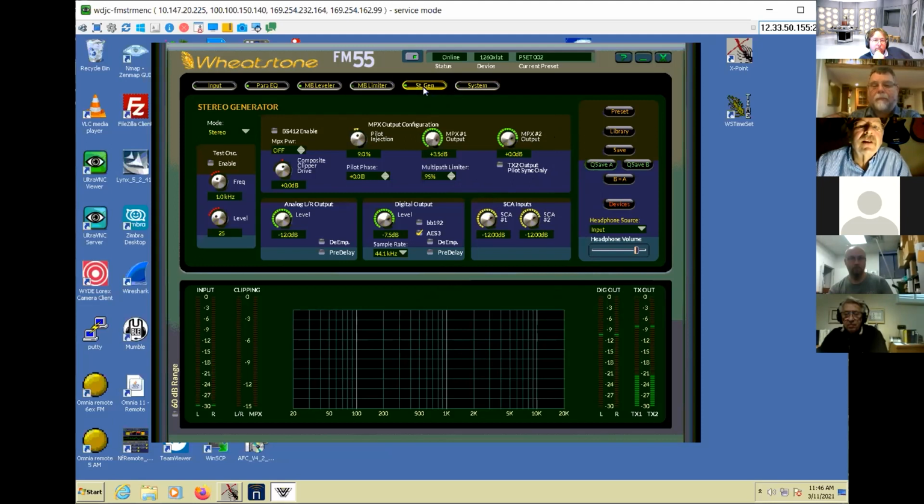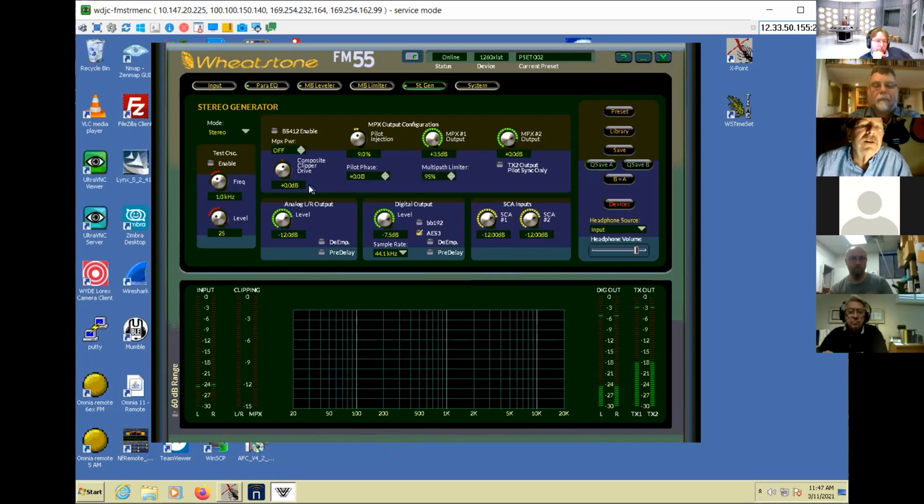Okay, we don't need to look at the system. I'm glad I remembered, that's one of the main reasons I pulled this up. I wanted to show that to you. All right, composite clipper drive. That's obviously, as it says, how hard you're driving the clipper. Then you set your output levels for the desired modulation.